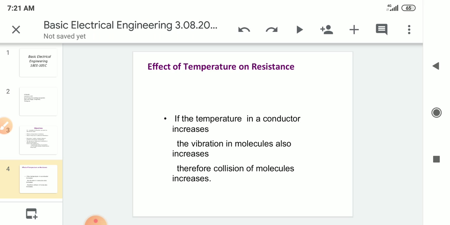Let's see what will happen. The resistance of a pure metal, like copper, aluminum, increases with increase in temperature.